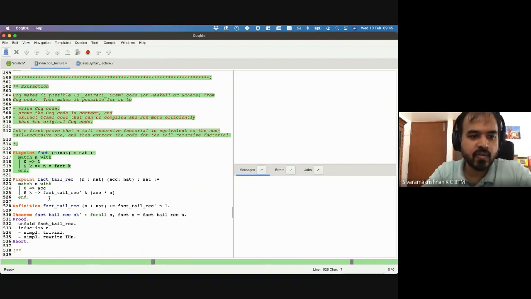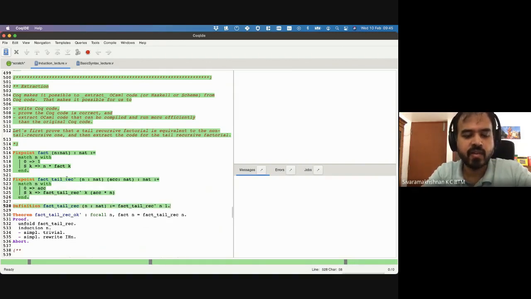And the tail recursive one, all it does is it has an accumulator. If n is 0, it just returns the accumulator. If n is k plus 1, then you recursively call factorial tail rec with k and n multiplied with the accumulator. And the initial accumulator, you just give it as 1.